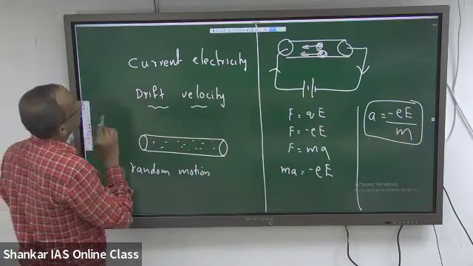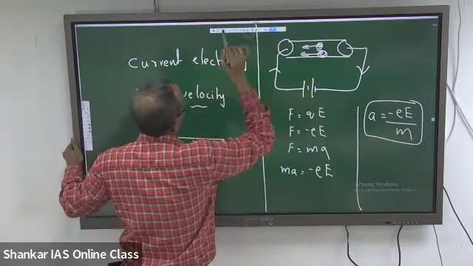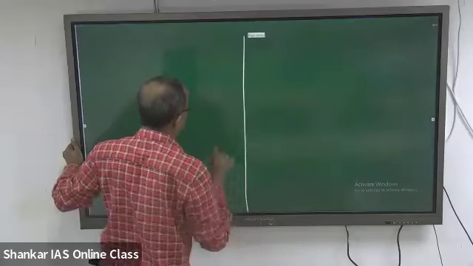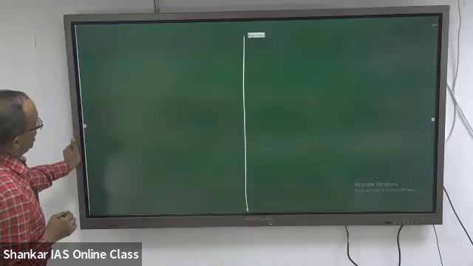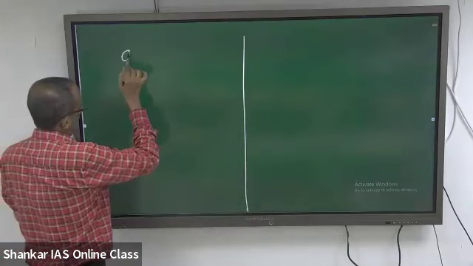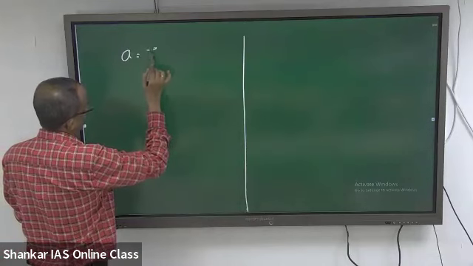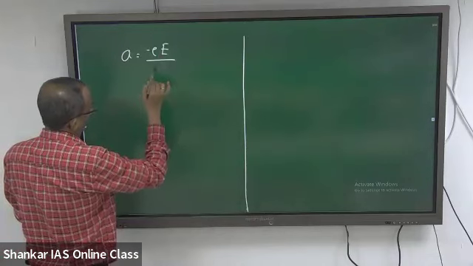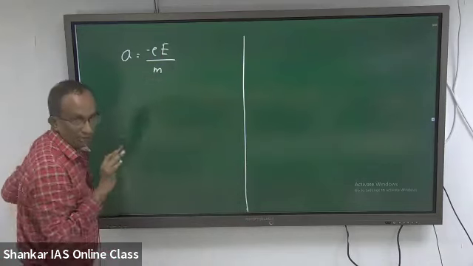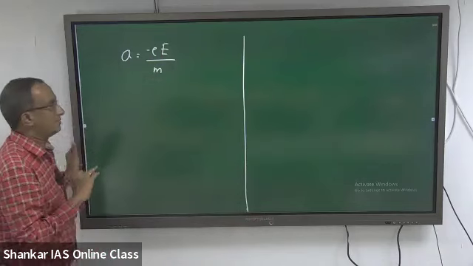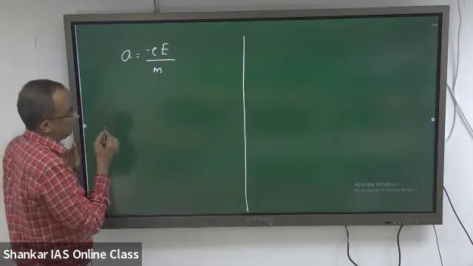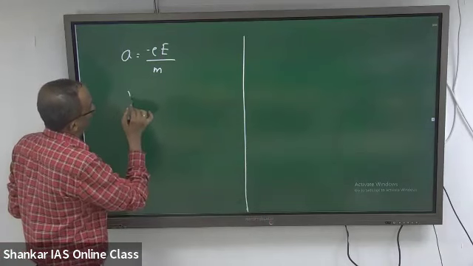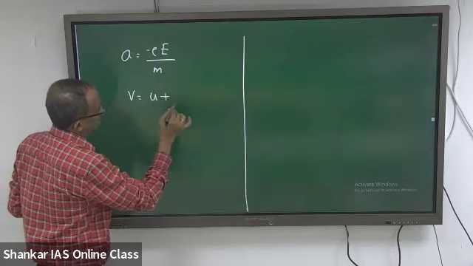Now we have got the acceleration: a equals minus eE by m. Now we are going to find out the velocity with which it is drifting. By the first equation of motion, v equals u plus at.